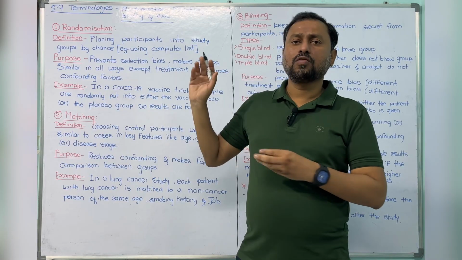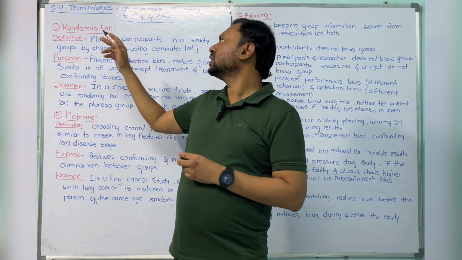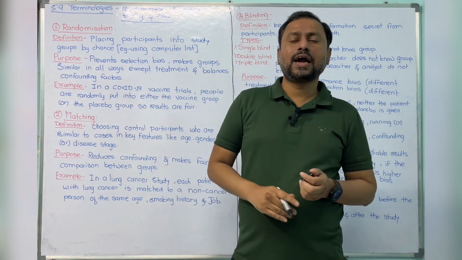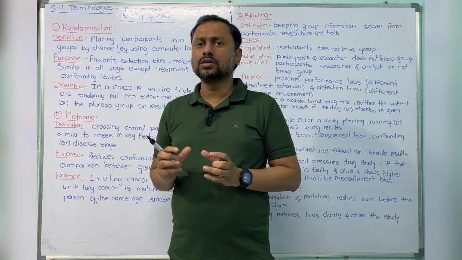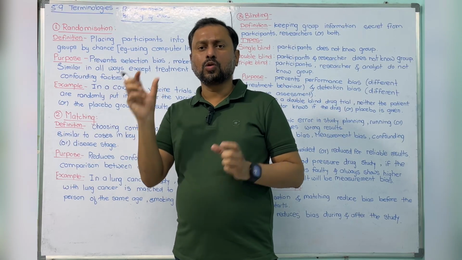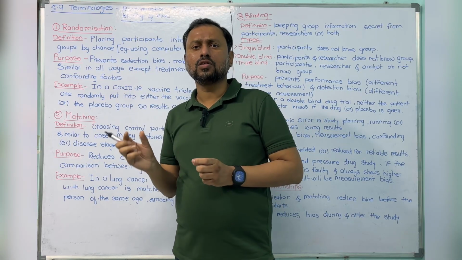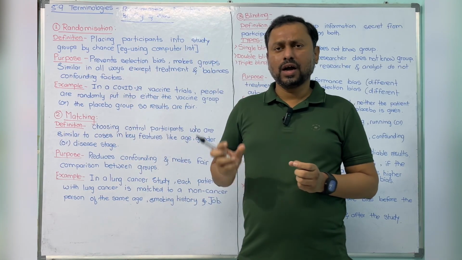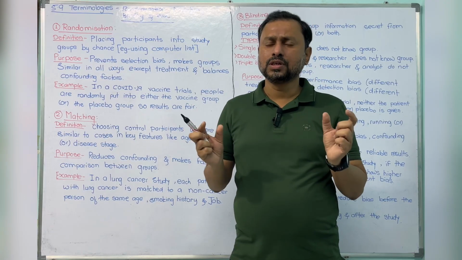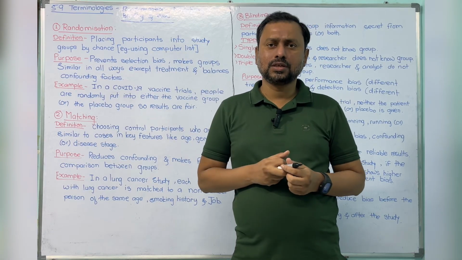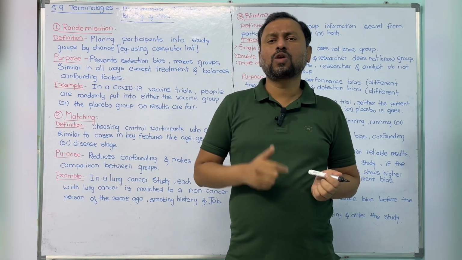What is meant? First of all, we study one by one. The first topic is randomization. What is meant by randomization? Whenever you are doing research, you make two groups. One is your trial drug group and the other is your control or placebo group. You select the patients and randomly allocate them to the groups.